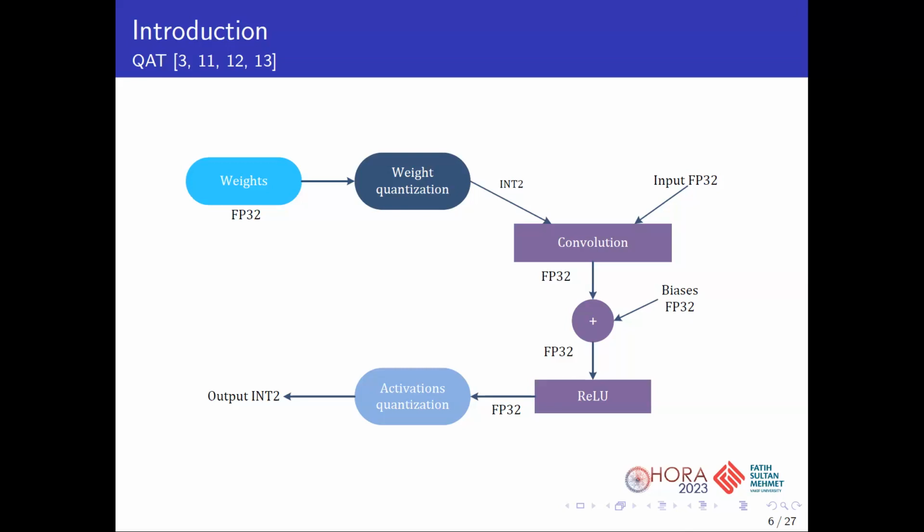The quantized activation function, quantized rectified linear unit, is defined by the equation provided in the following slides. To deploy the quantized model onto FPGA hardware platforms, tools such as ONNX Runtime, FINN, and PyTorch quantized inference operators can be effectively utilized.